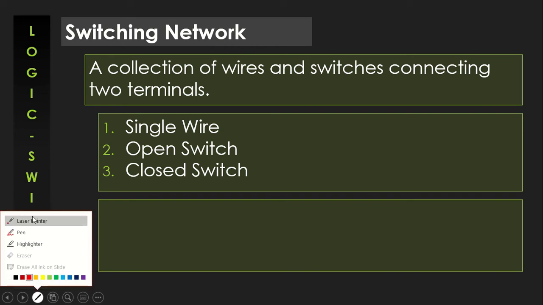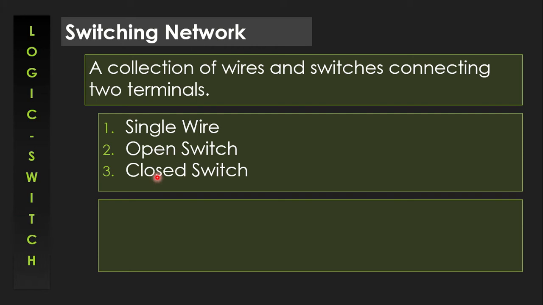Then we have two types of switches: the open and the closed switch. When we say open, that prevents the current from flowing. If we compare it to a light bulb, we can say the circuit is open if the light bulb is not emitting light. It's closed when the light bulb is on.